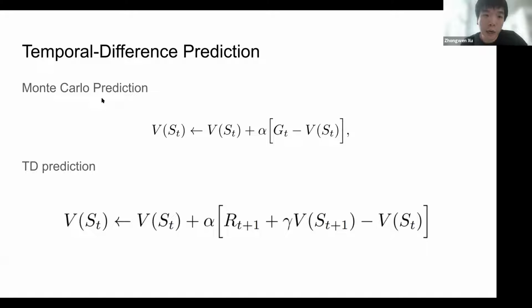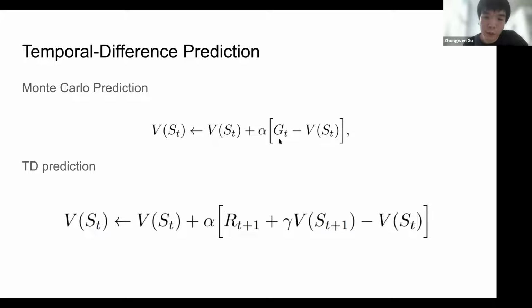Monte Carlo methods are widely used in statistical learning, and Monte Carlo means the method relies on random samples. Here, the very brief equation is updating the value function of state S according to the error between two variables.